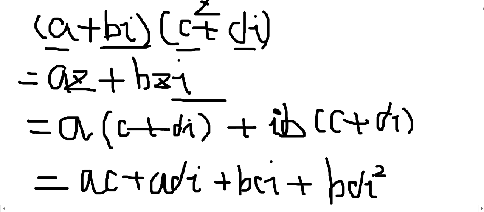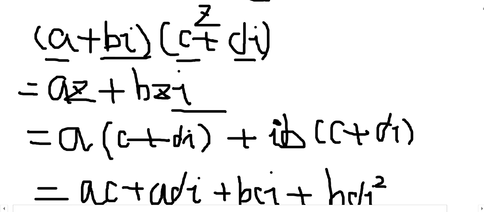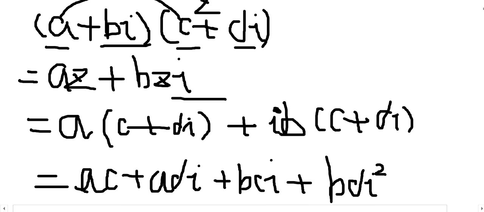One way to quickly do the calculation is to annotate an arrow connecting the used letters. For example, when I write a times c, I draw an arrow connecting them so that I know I have already used this multiplication. Until you reach a stage where you cannot draw any more arrows, that means the multiplication is complete and you can proceed to the second stage.